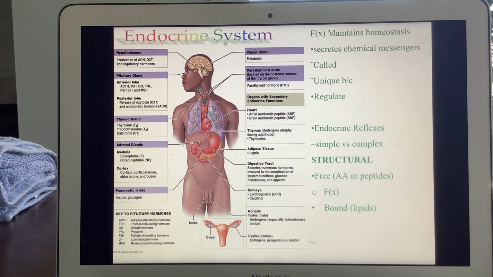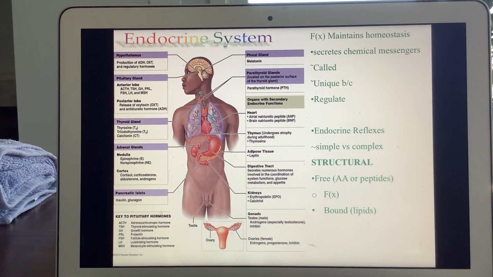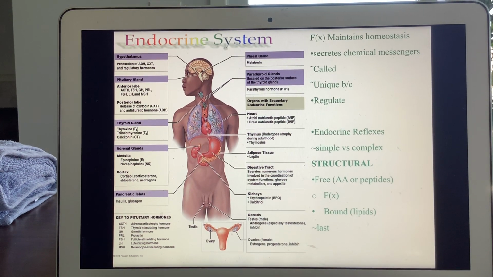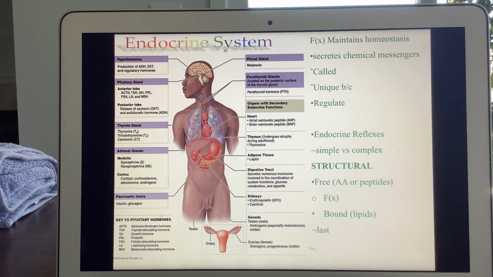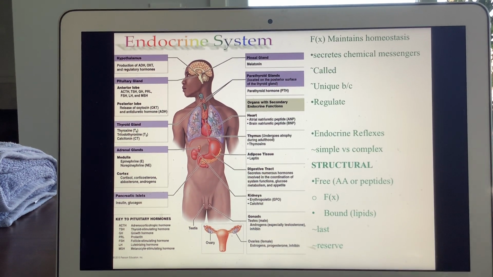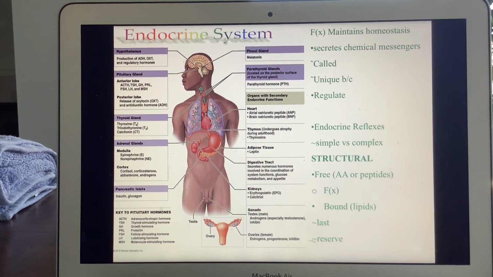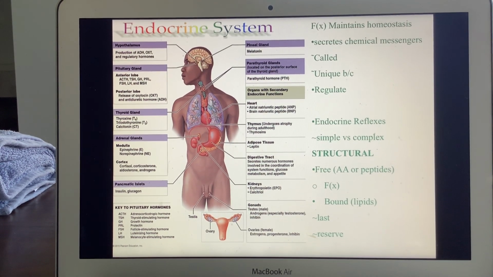So when we talk about those bound hormones that are going to be lipids, they're going to last a lot longer than the protein hormones. And one of the unique things about the bound hormones is that they can serve as a reserve. You can store them.